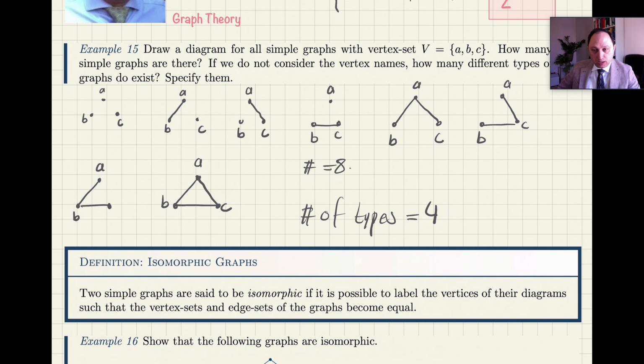What does this mean? That's the notion. Two simple graphs are said to be isomorphic if it is possible to label the vertices of their diagrams such that the vertex sets and edge sets of the graphs become equal.